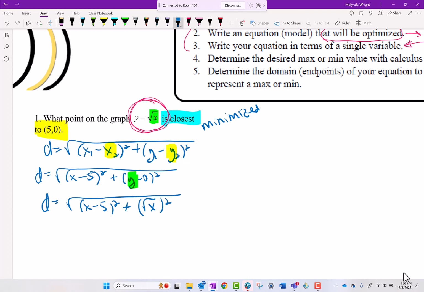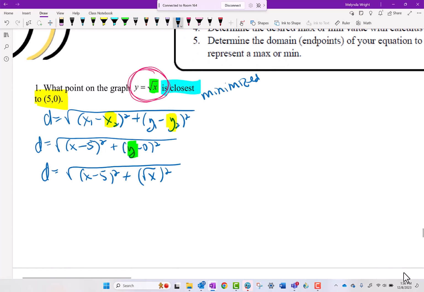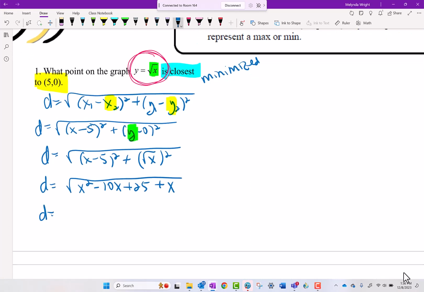And then if you recall, last time we went ahead and distributed, combined like terms, and got it cleaned up and ready to go. So it was x squared minus 10x plus 25 plus x. And then it is, what did that give us? x squared minus 9x plus 25.